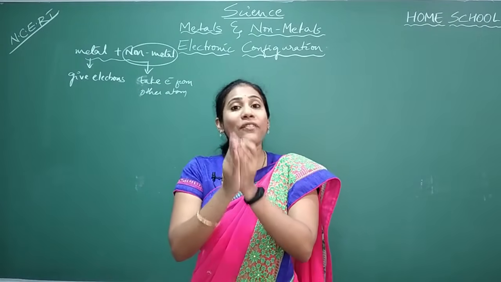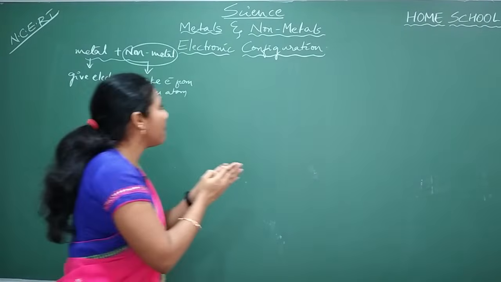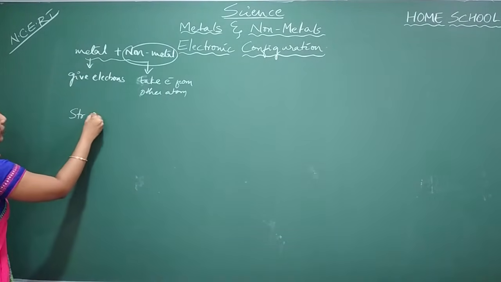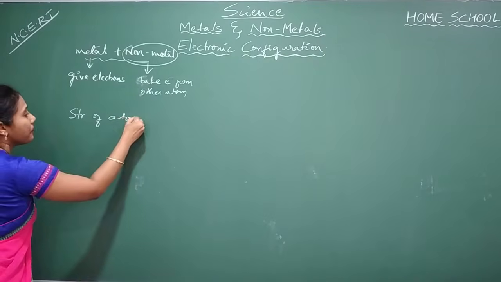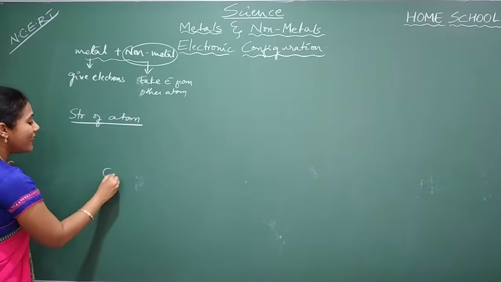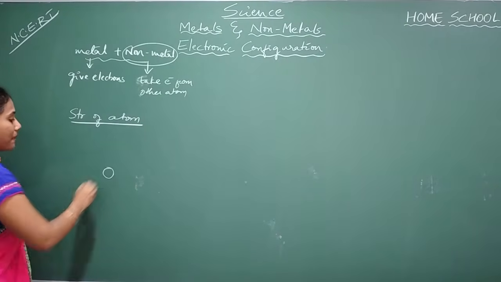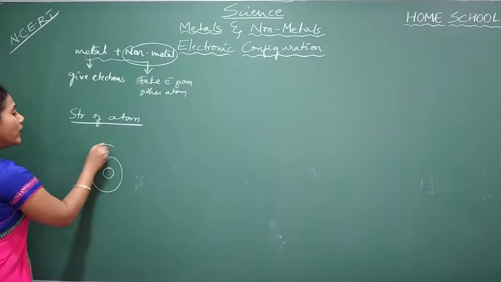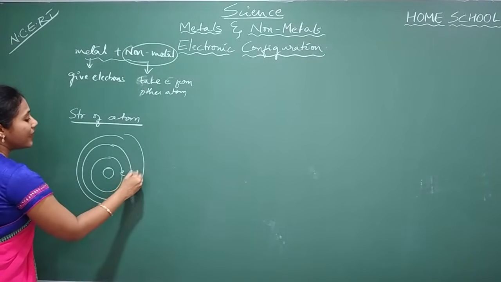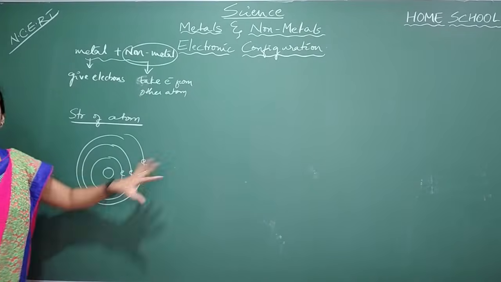So if you can revise the basic aspect about the structure of atom, say I am talking about the structure of atom. Okay, so what does the atom consist of? Centrally it will contain the nucleus. Okay, around this you will have so many orbitals. So in these orbitals the electrons will revolve.